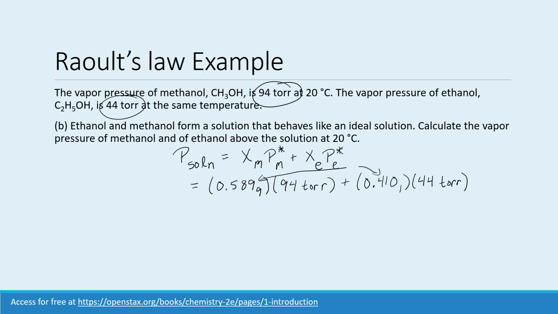Okay, so remember when you are accounting for sig figs in a combination of multiplication and addition, you're going to want to take this one step at a time, because the rules for significant figures are different for addition than they are for multiplication. So in this first step, when we multiply the numbers, we should get 2 sig figs.